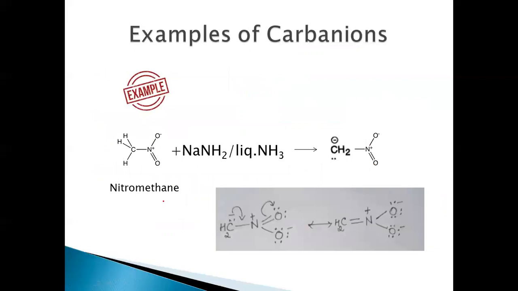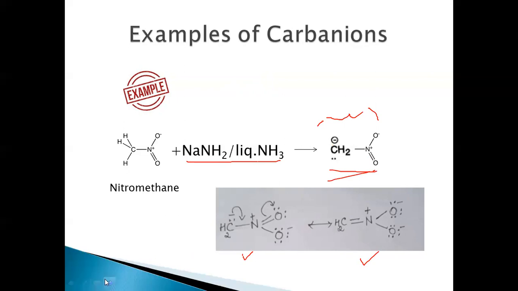When we look at nitromethane, it readily reacts with a strong base like NaNH2 in the presence of liquid ammonia, resulting in the formation of the carbanion, because this carbanion is stabilized by resonance. There are two resonance structures possible for the carbanion of nitromethane, so it readily forms a carbanion because it is resonance stabilized.